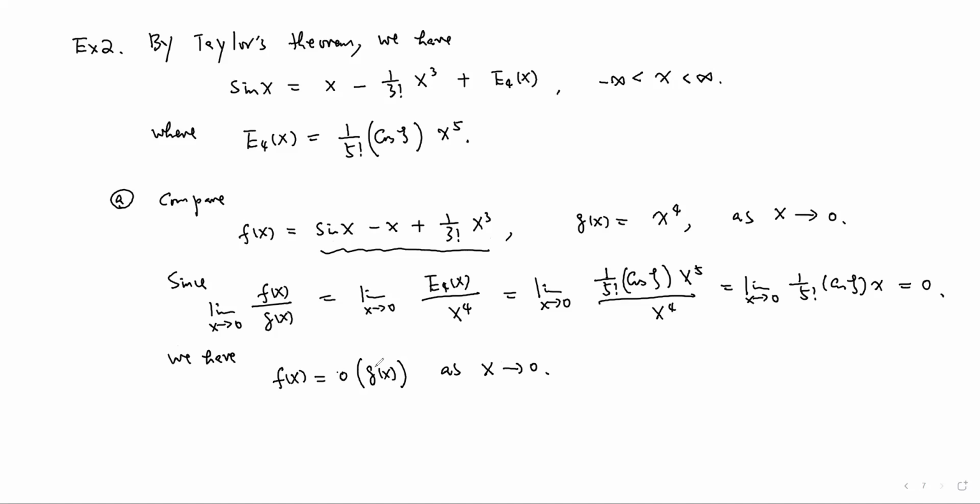Now B. How about I compare these two functions: f is sine of x minus x plus 1 over 3 factorial x cubed, and g is x to the 6th. I compare these two functions as x approaches infinity.